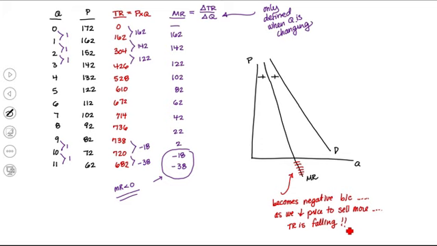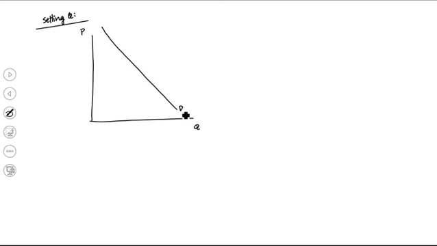So now we can determine output. In our last minute, let's illustrate, because we already understand this, how does the firm set its output? So, setting output. Let's put in our demand curve and our marginal revenue curve like that.